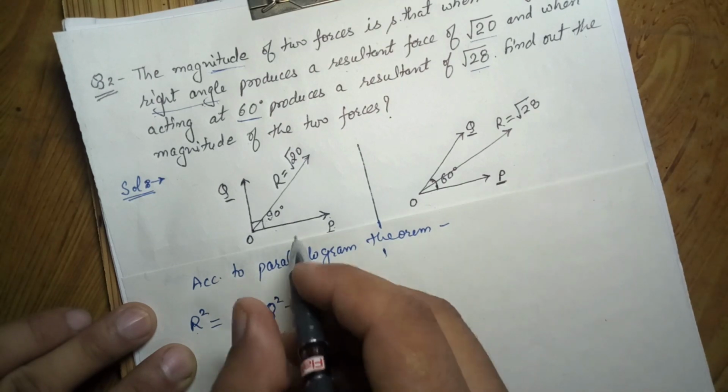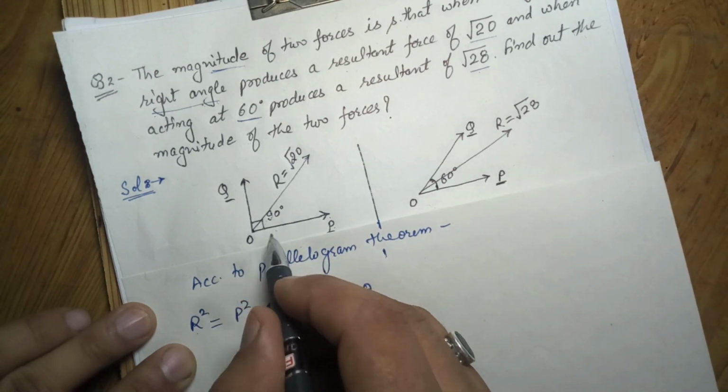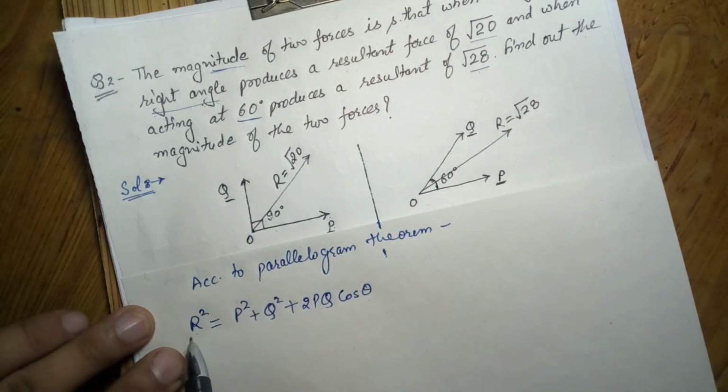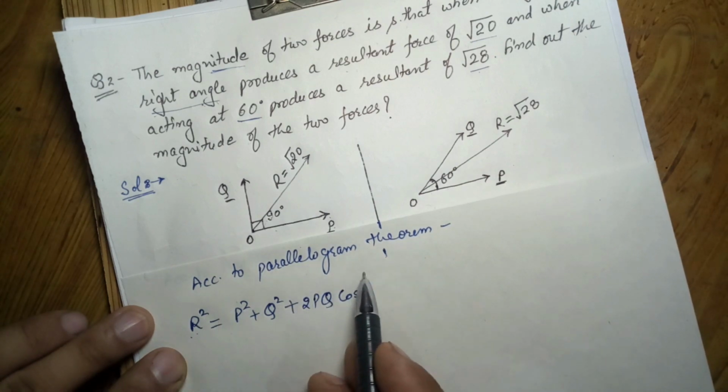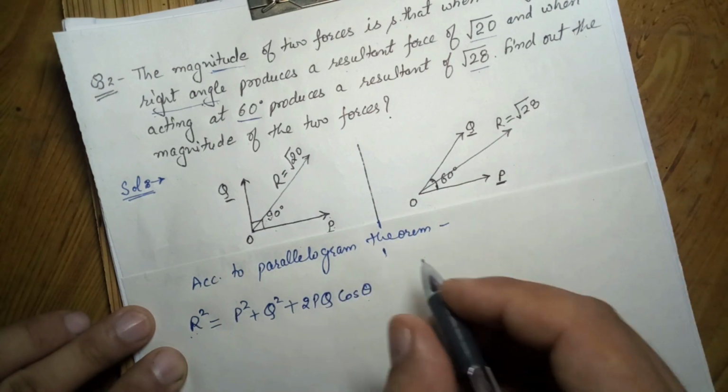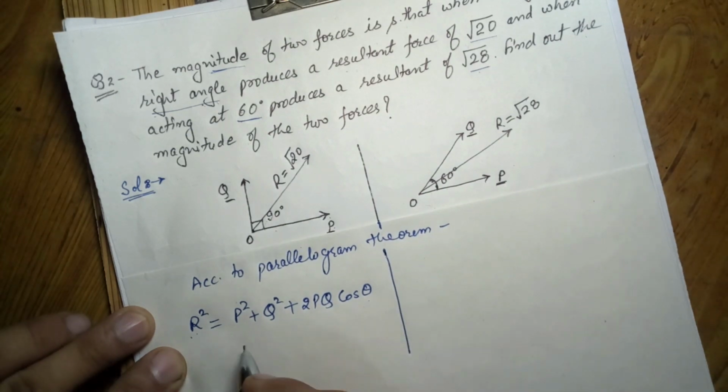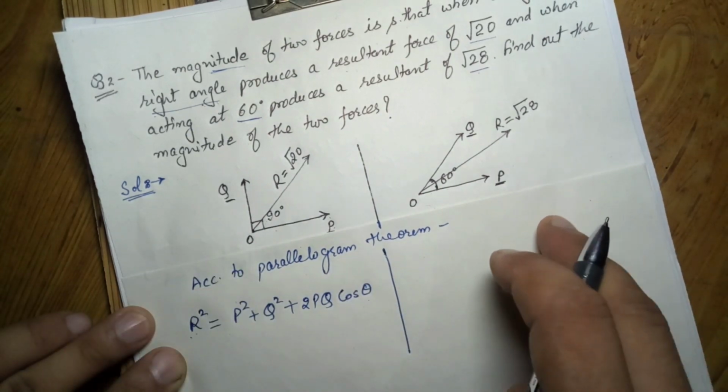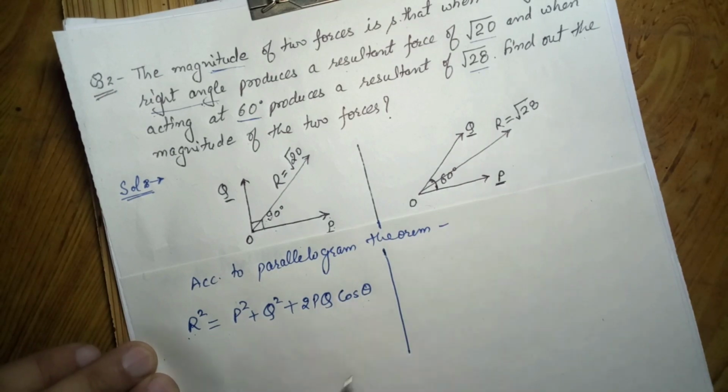Now what is this theta? Theta is the angle between the two forces. I have taken R square, which is why I am not taking the under root of this. First I'll solve the first case, then I'll go for the second case.